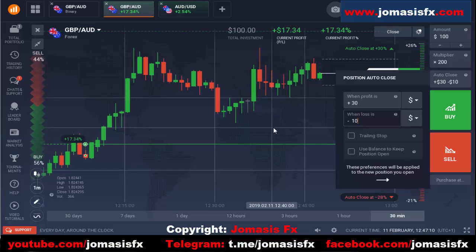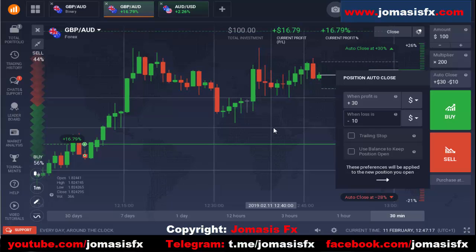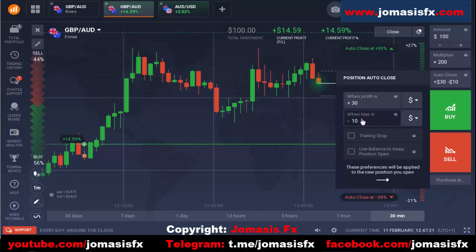So once some of your criteria are met, the market will automatically close by itself based on your adjustment.